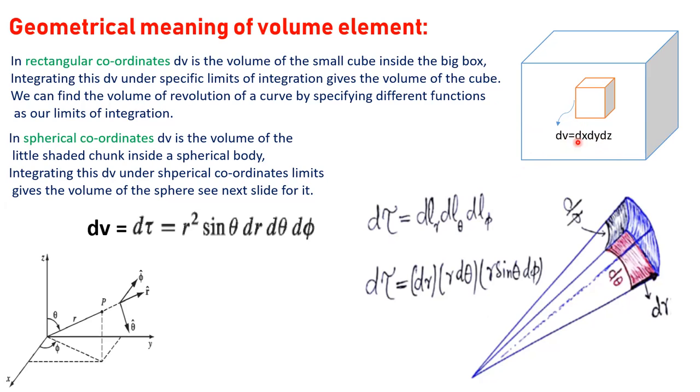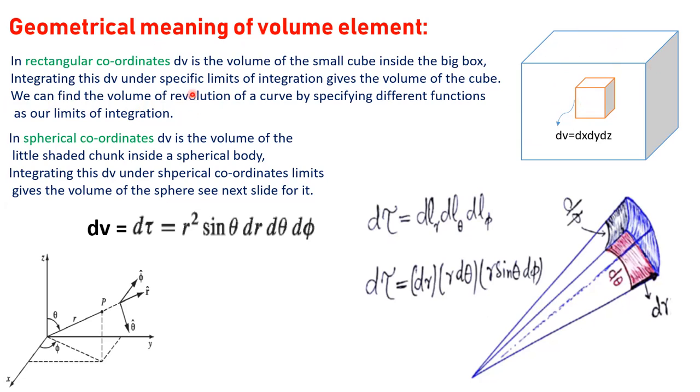So if I integrate with respect to x, y, and z, I will get the volume of this bigger box. This is just the geometrical meaning of dV, the volume element: dV is a small piece of volume, a small chunk of volume inside a bigger body. In calculus, this volume integration is called a triple integral, and it is used to find the volume of surfaces of revolution.